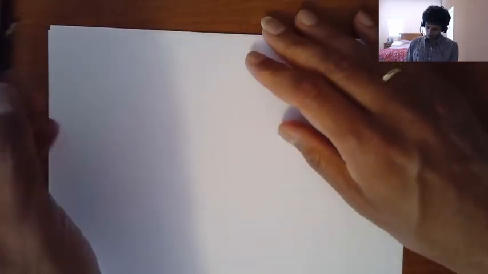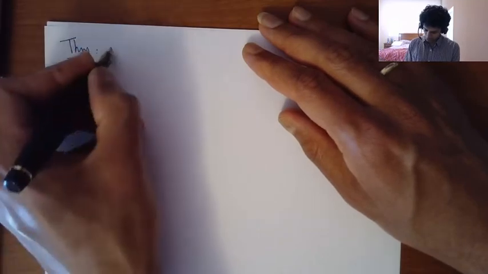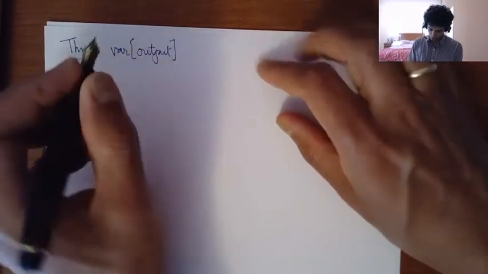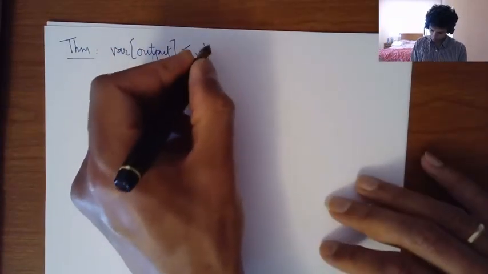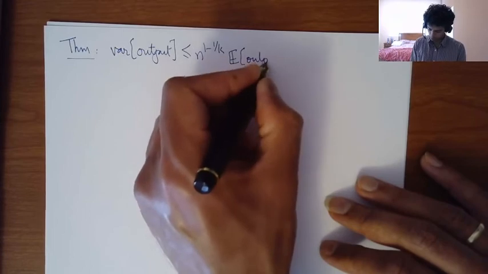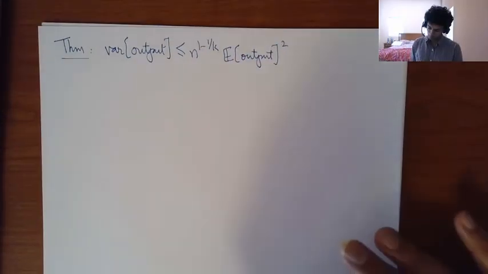Of course, this only gives the expectation. There is a theorem that says the variance of the output is at most n to the 1 minus 1 over k times the expectation of the output squared. Unfortunately, I don't have time to do this.